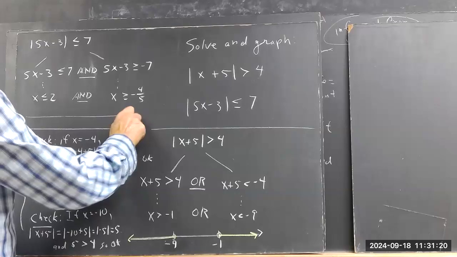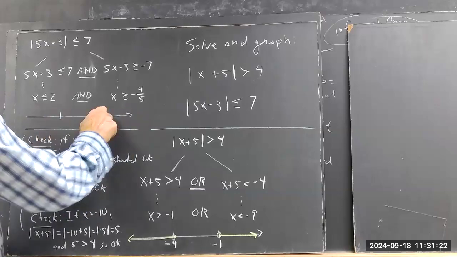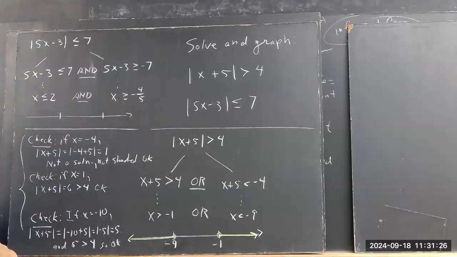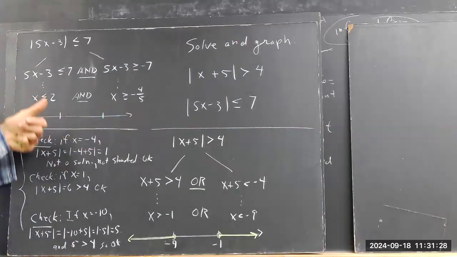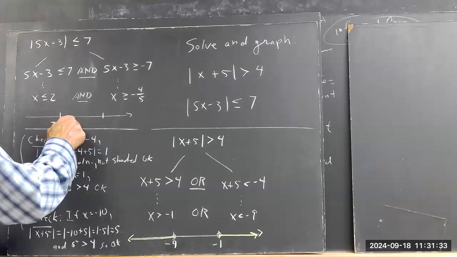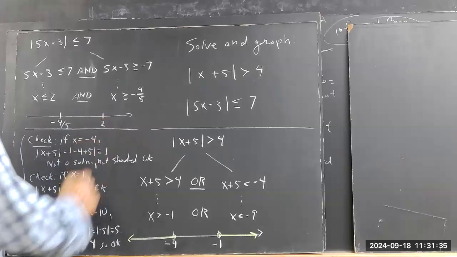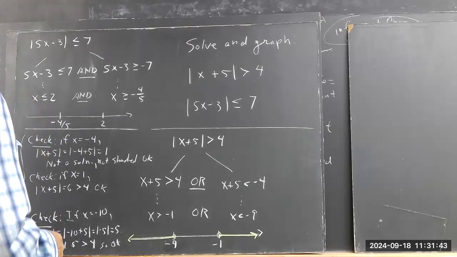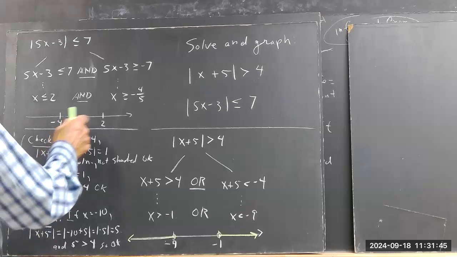So now we sketch our number line and put a couple of points on it to correspond to these numbers. -4/5 is less than 2, so it's going to go to the left of 2. There you have it. And now x less than or equal to 2.